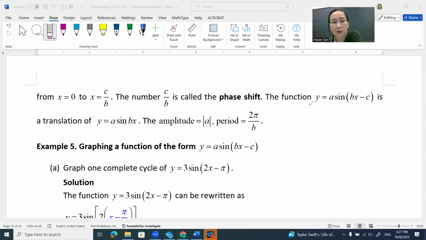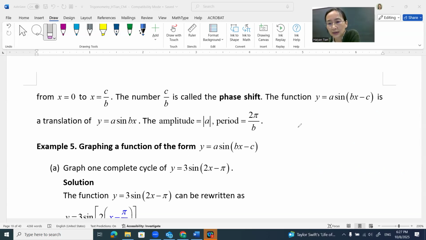Suppose the given function can be written into a sine b times x minus a certain number, c over b. And this number, be careful, it's a minus. You have to write it with a minus according to our definition. If you write it into this form, then this number is called the phase shift.